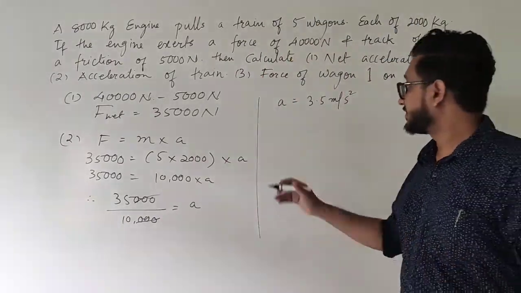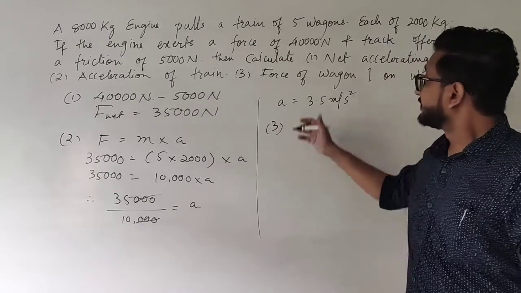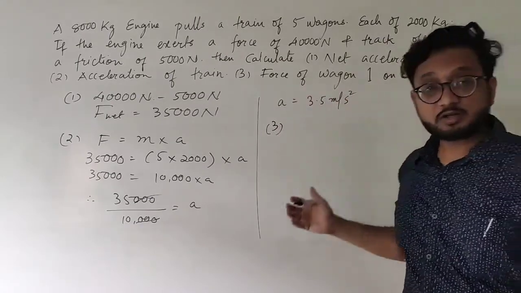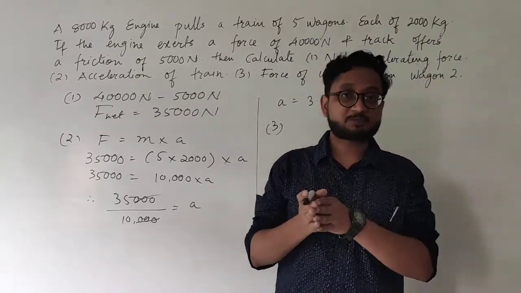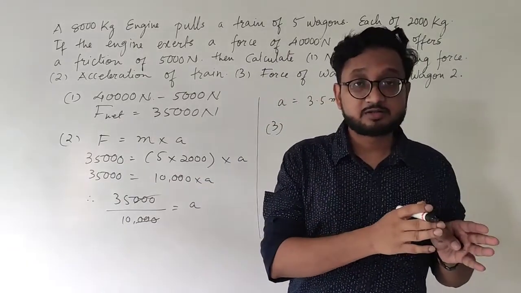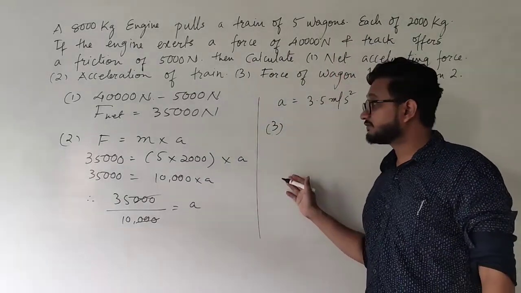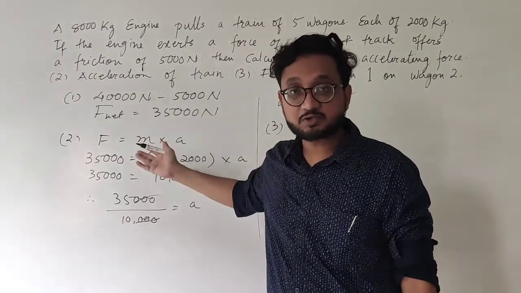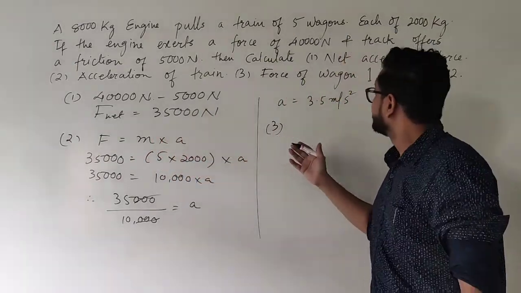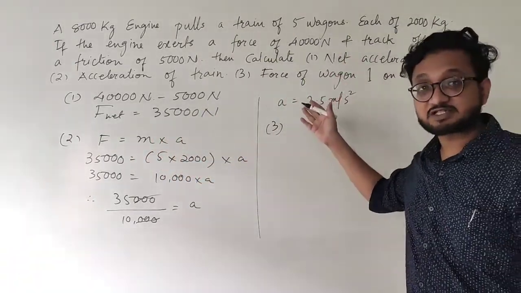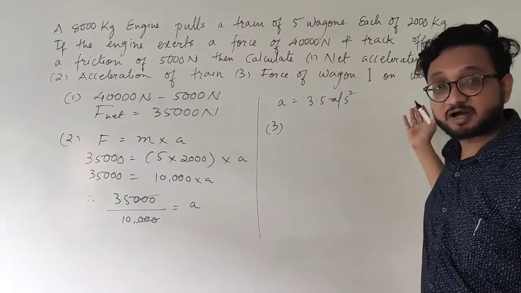Moving on to the third part. Force applied by wagon 1 on wagon 2. So what is the force applied by wagon 1 on wagon 2? So we have the total force of 35,000 newtons. Okay, and wagon 1 is obviously having certain mass, and the rest of the part is having certain mass.